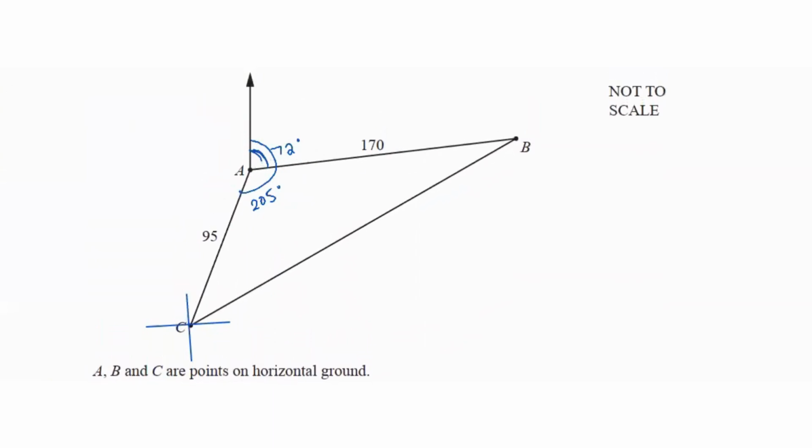So we have to calculate BC. This is X. So first we'll find this orange angle, which is going to be angle CAB, which is going to be 205 minus 72, which is going to equal 133 degrees.